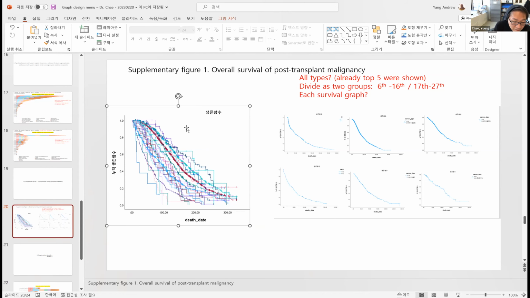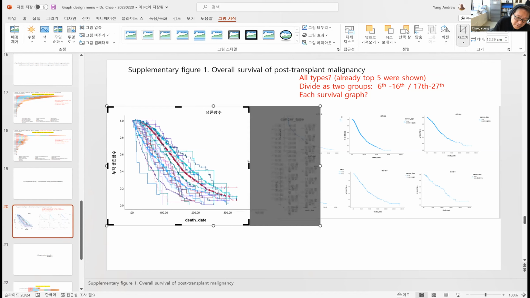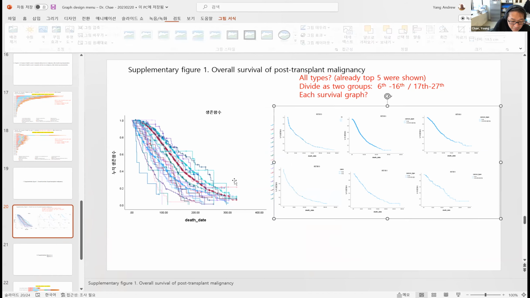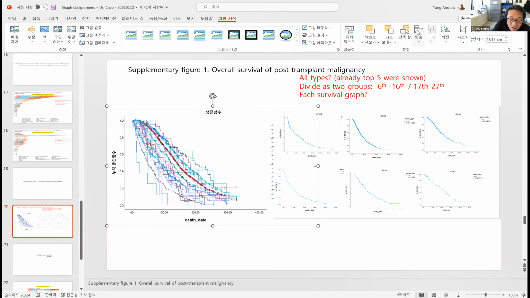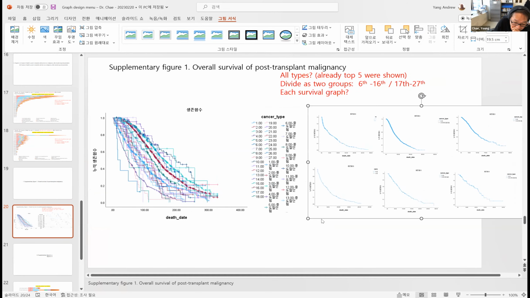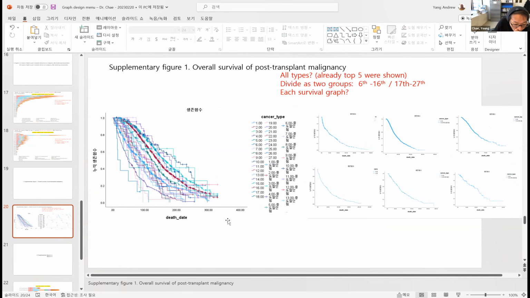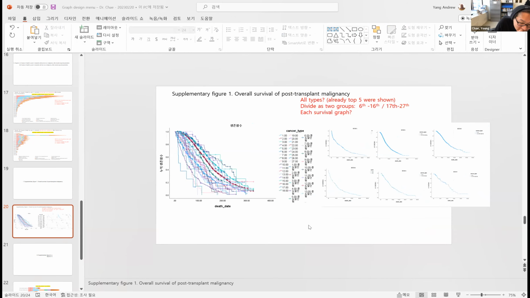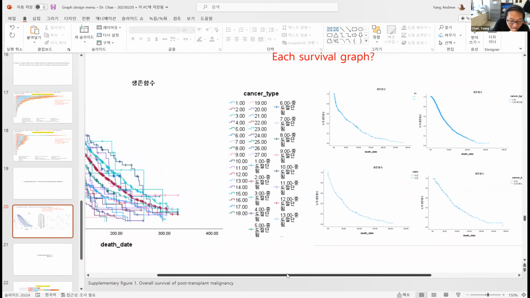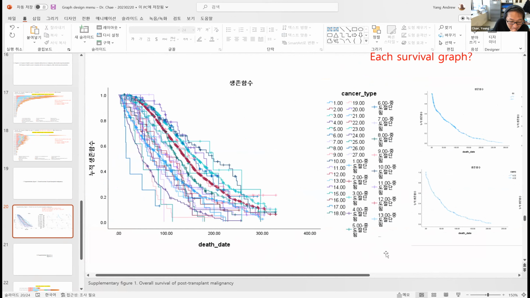That looks pretty bad. There's so many different purples, so it's hard to know. Because these are 27 types. Yeah. It doesn't look so good.